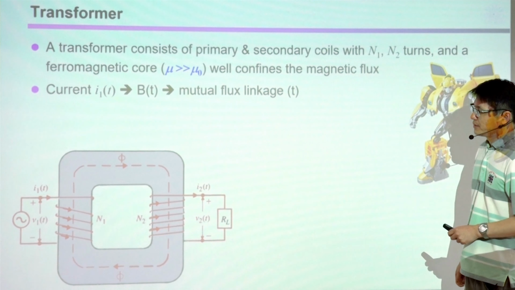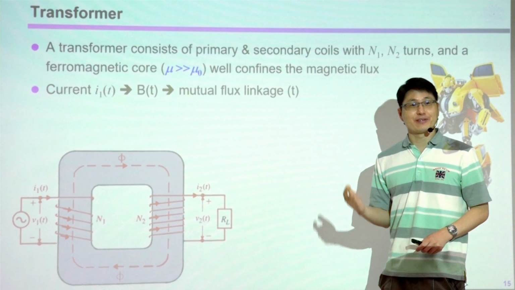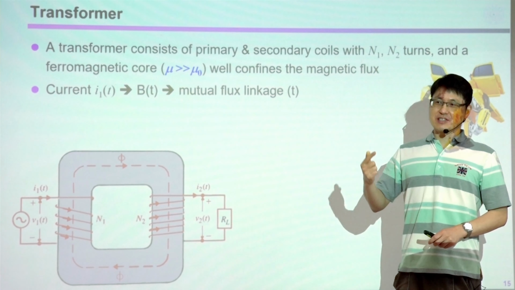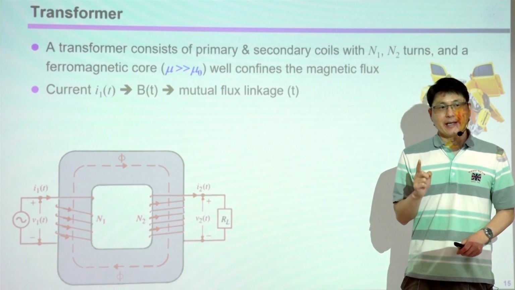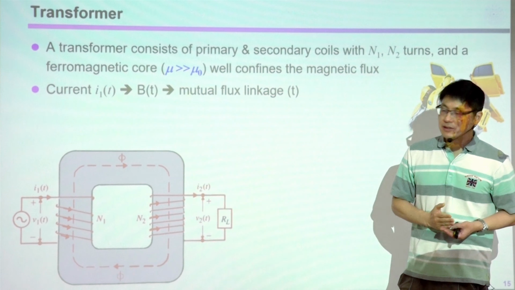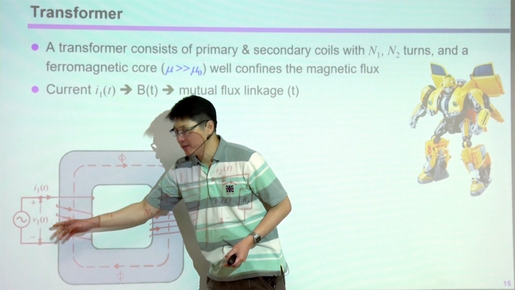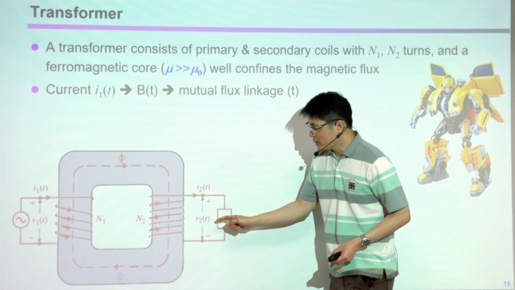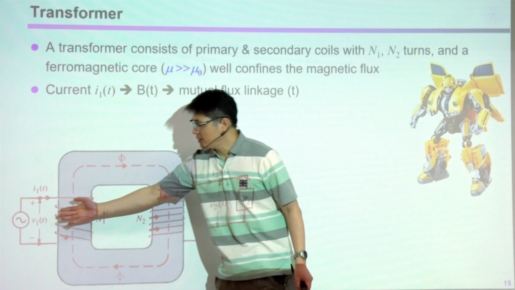Okay, knowing this device, how do we write down the first equation? The first equation is always the most difficult. But in the end, our target is to find out the relation between V1, that is the voltage you apply, and V2.